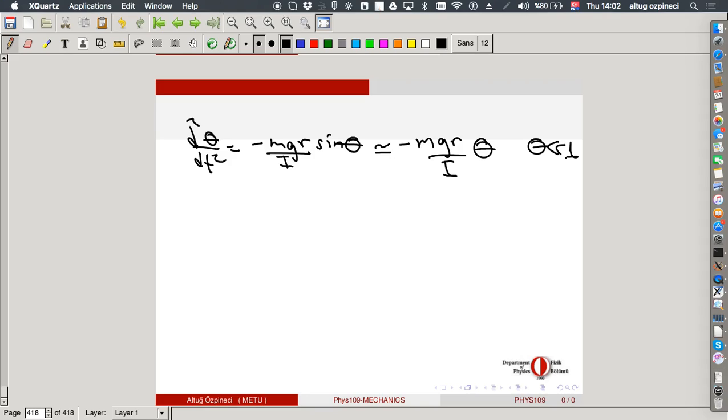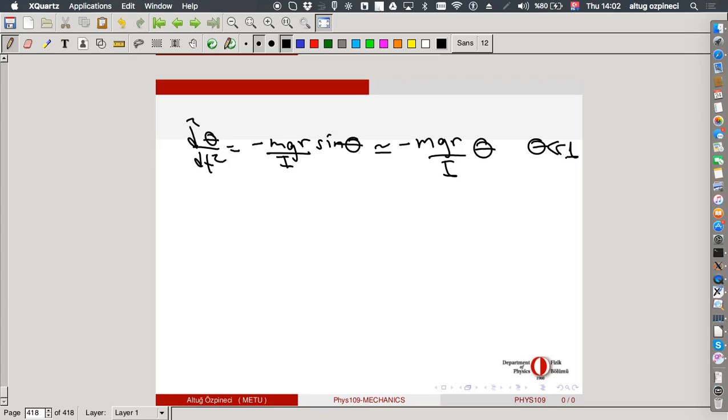By the way, 45 degrees, is it smaller than 1? 45 degrees is smaller than 1 if you think in terms of radians. So here you always have to think in terms of radians.